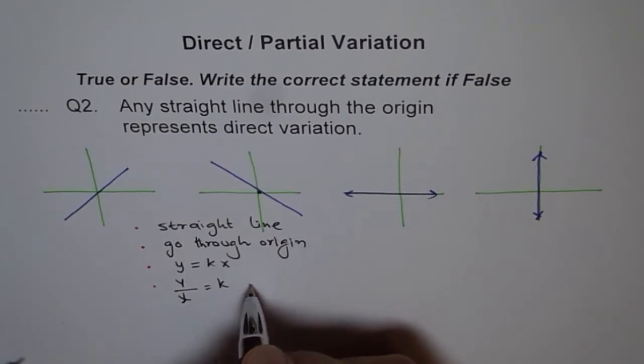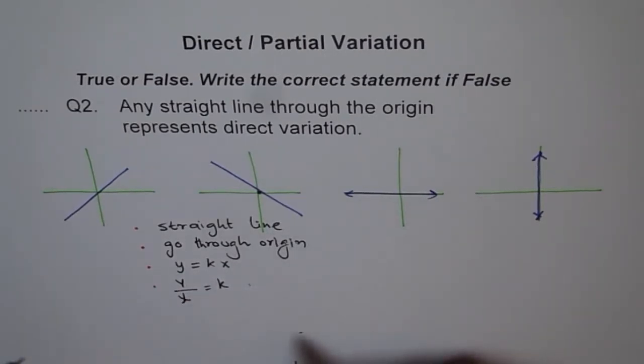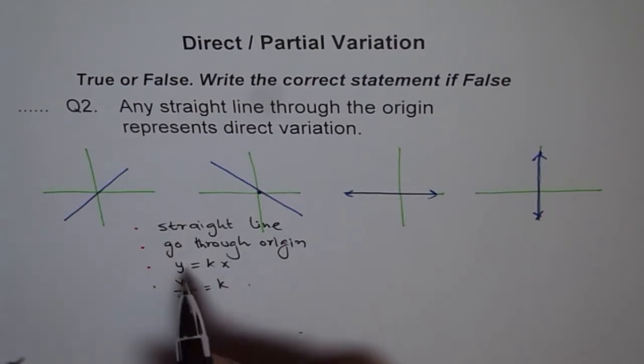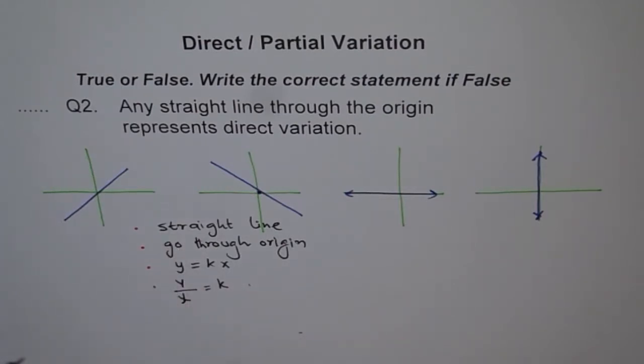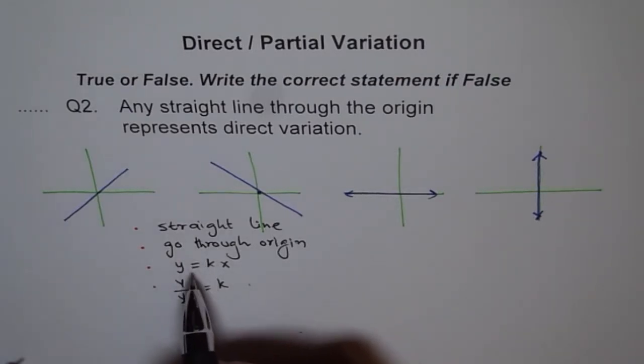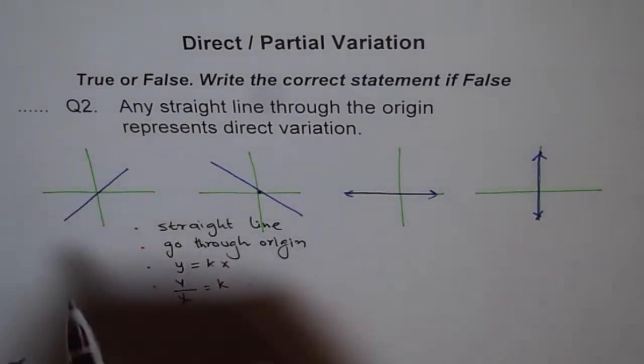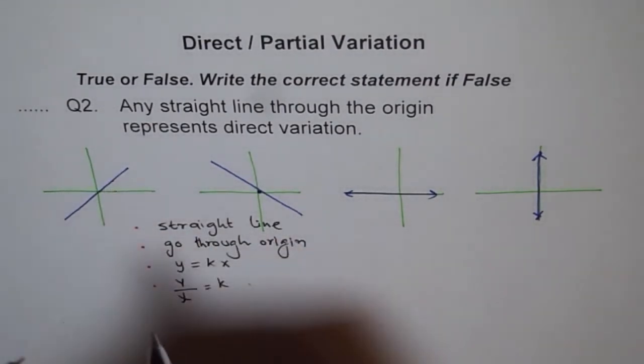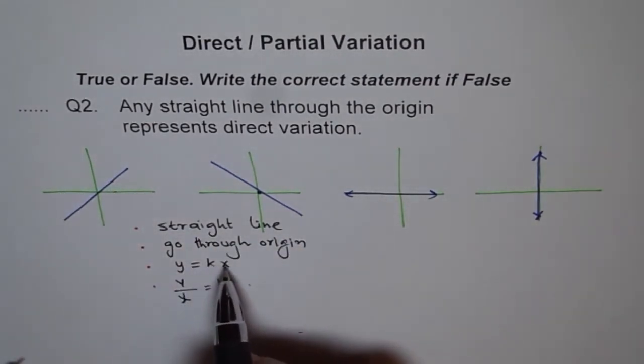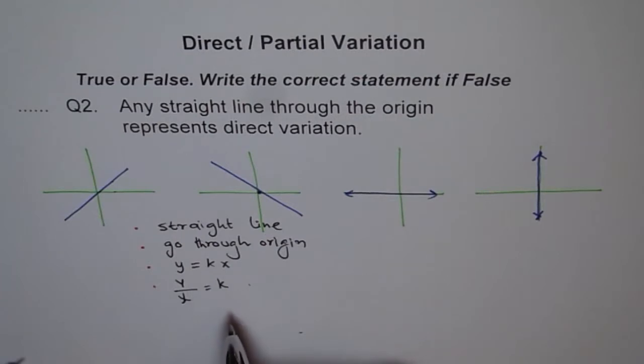That means their ratio is constant. So these are actually 4 conditions which we should be looking into. Now, if I say this line, you can take any 2 points here and you'll find that y equals kx is true, it's constant.